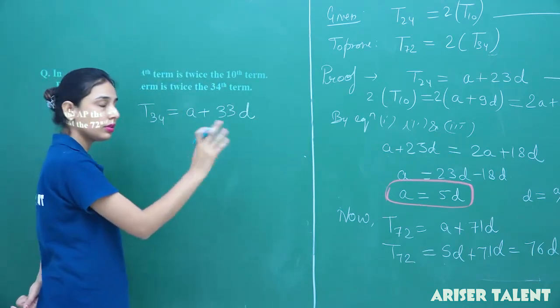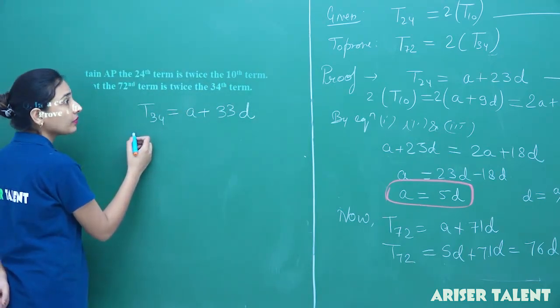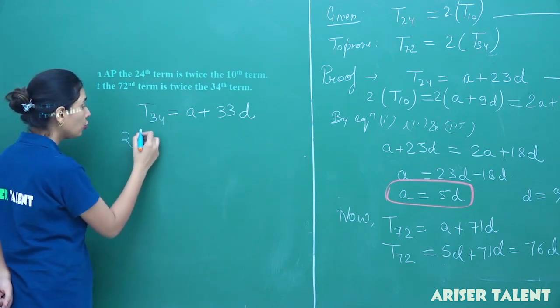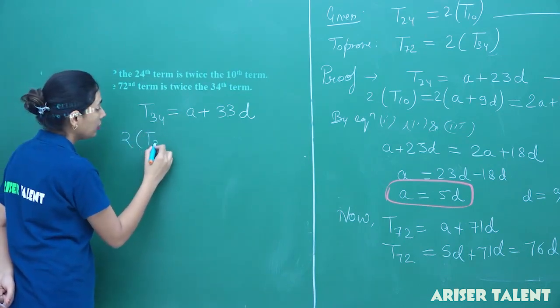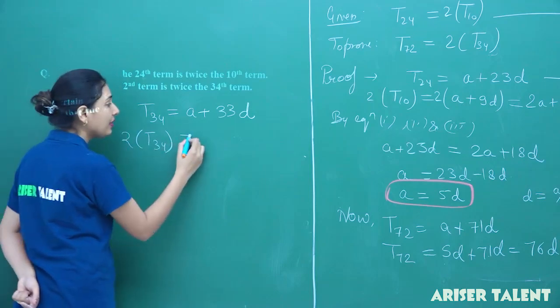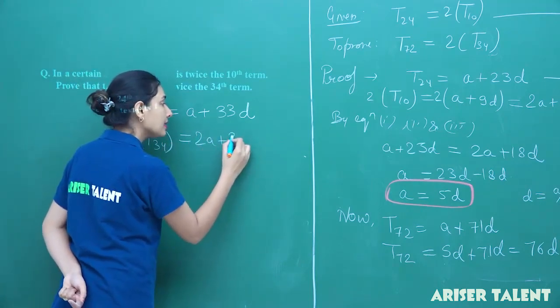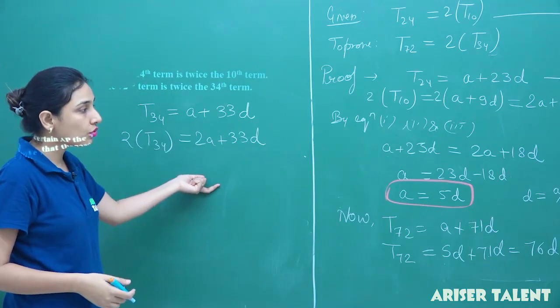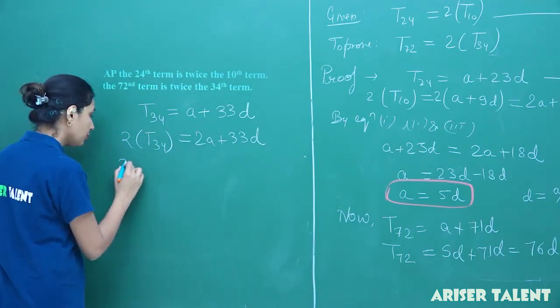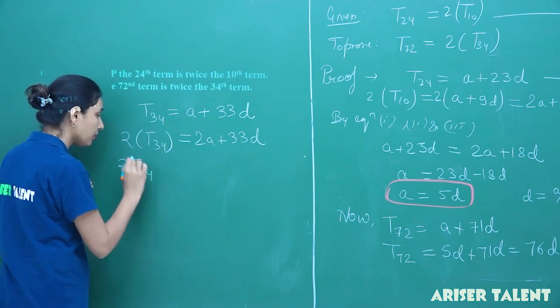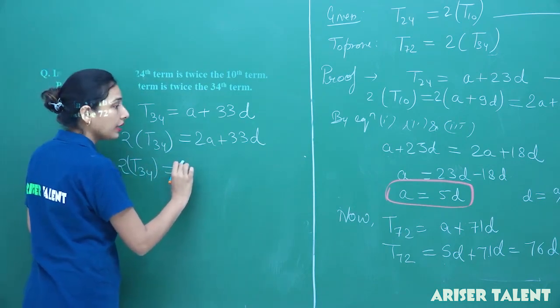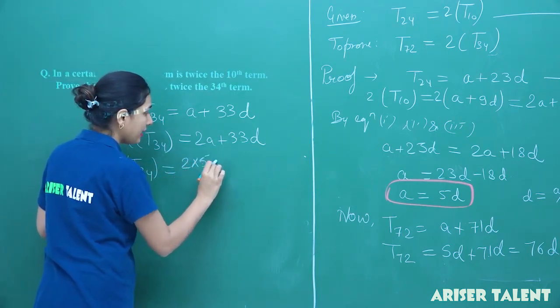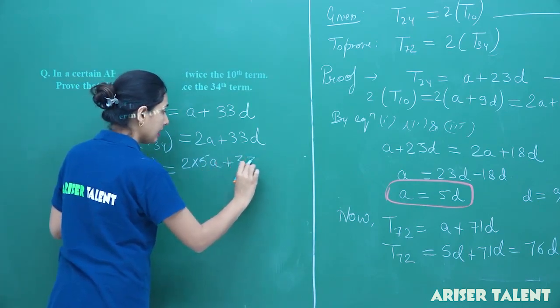Now what it's saying? 2T34, that will be equals to what? 2A plus 33D. Now A is what? A is equals to 5D. So 2T34 equals to 5D plus 33D.